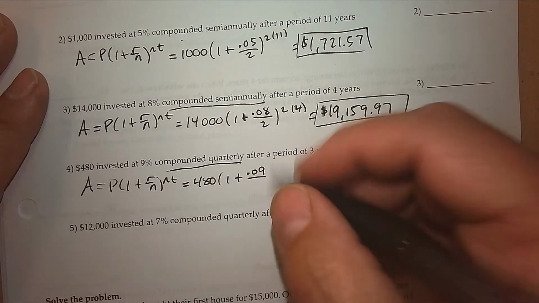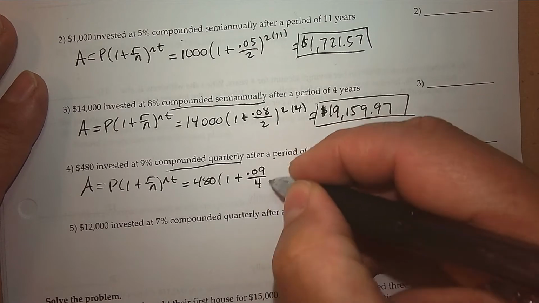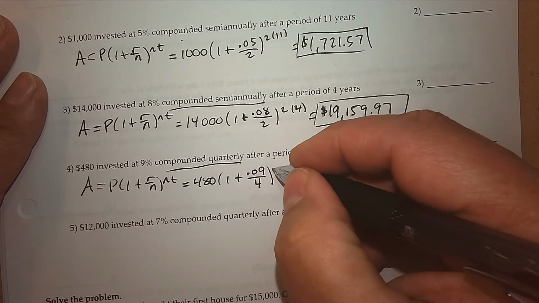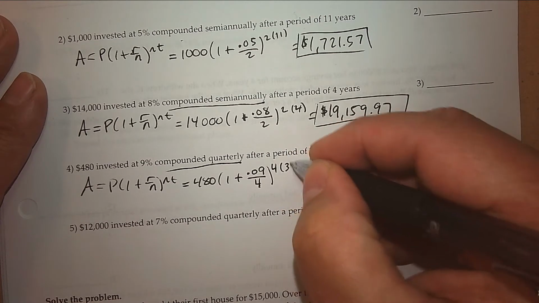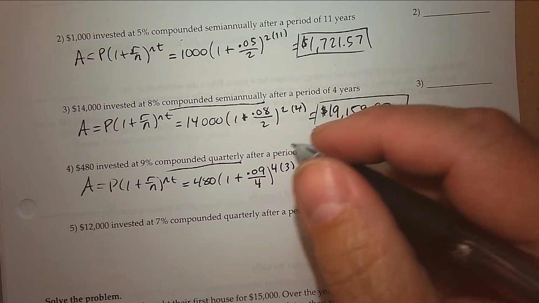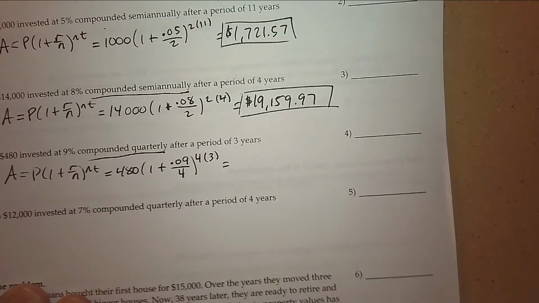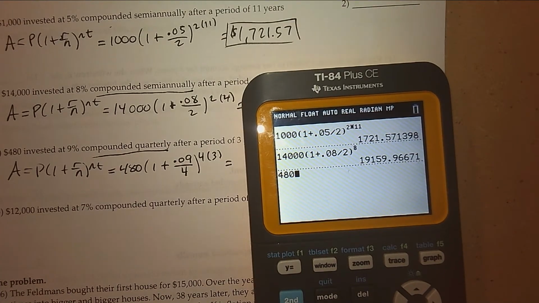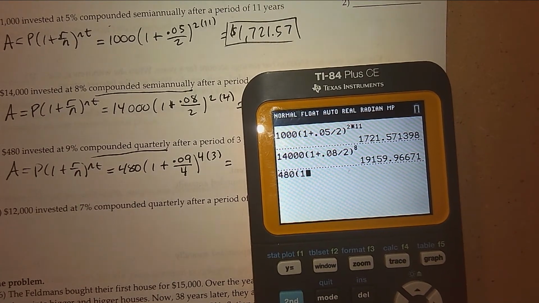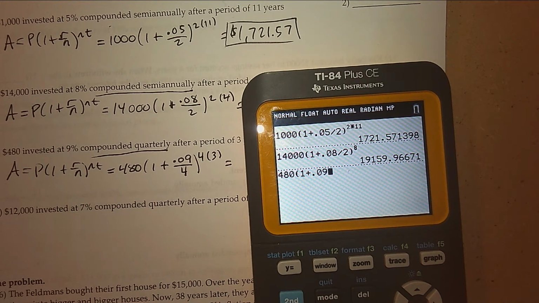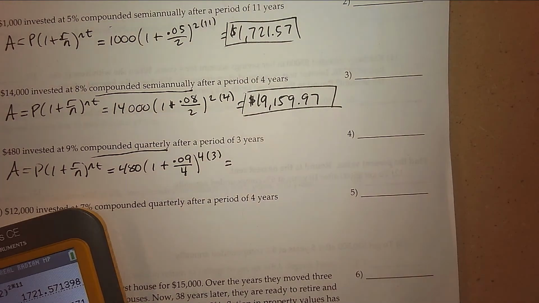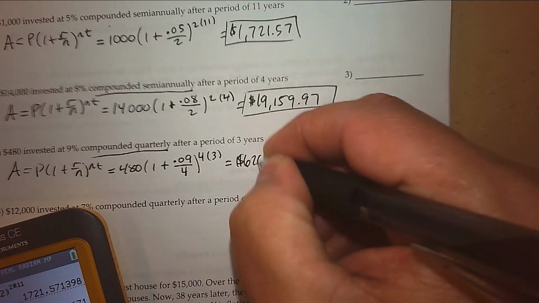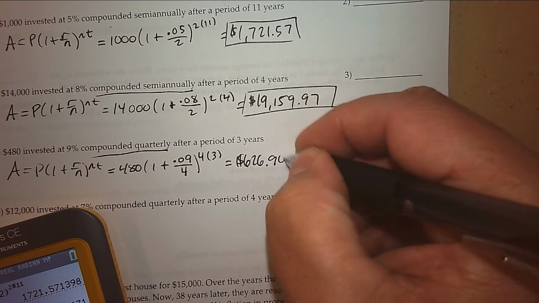So compounded quarterly means 4 times a year. And then 3 years. So that's $626.90.